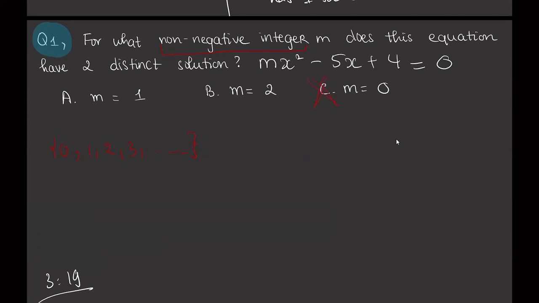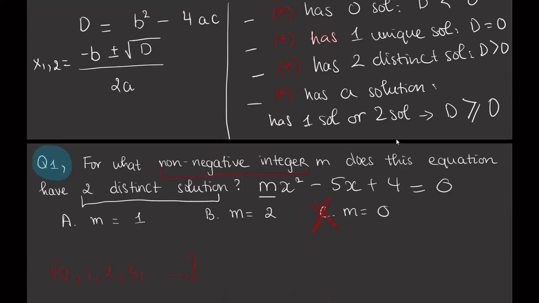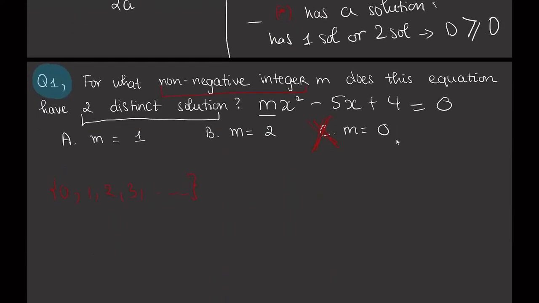This one has to be out immediately because for a quadratic equation to have two distinct solutions, the coefficient a of x squared has to be different from 0. I wrote it here, a different from 0. Okay, so m equals 0 has to be crossed out immediately.